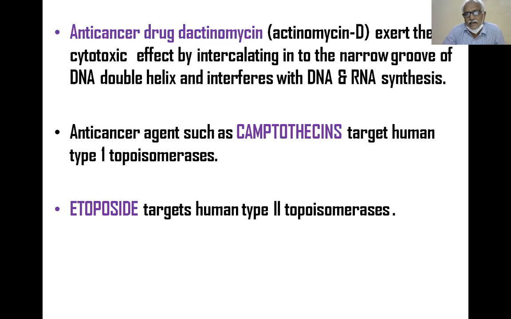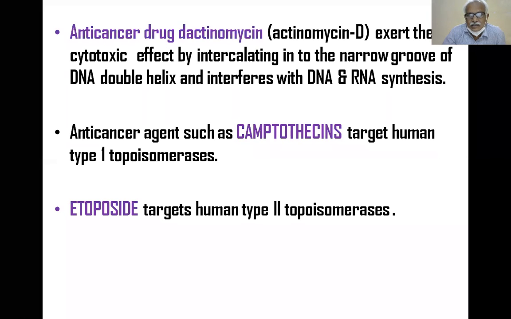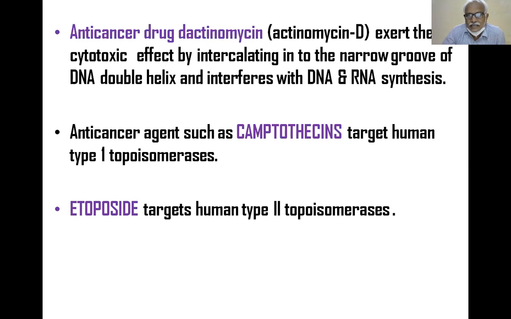Then at a later date, when you become a specialist oncologist, you can delve deep into the subject, and widely you will be accepted by the people. So anti-cancer drug actinomycin, otherwise known as actinomycin D, exerts the cytotoxic effect by intercalating into the narrow groove of the DNA double helix and interferes with DNA and RNA synthesis also.